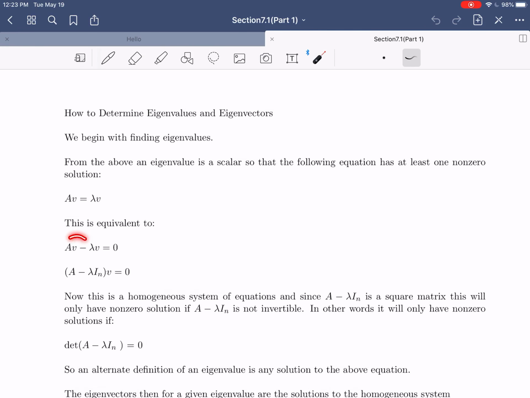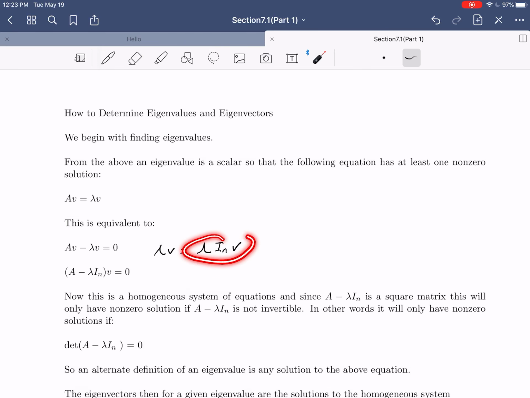All right, but let's be a little bit clever with this. Let's treat this lambda V as a matrix multiplication. What we're doing in this step is viewing lambda V as equal to lambda times I_n times V. You can always use that identity matrix because that's not going to change anything.